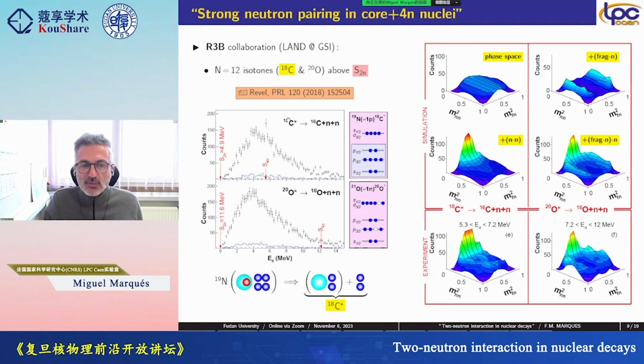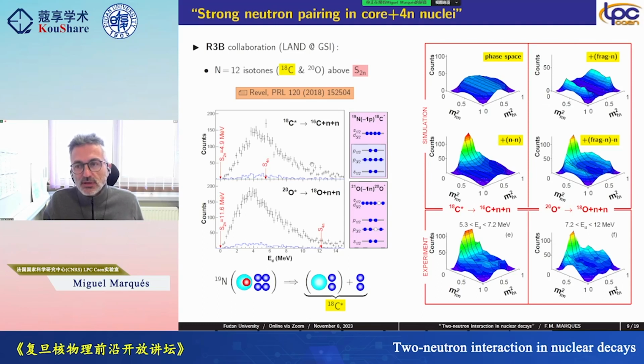And for carbon-18, the thresholds are lower because it's closer to the drip line. But again, you need 5 MeV excitation to reach here and to see 2 neutrons. And then you need 5 more, so about 10 MeV to observe 4 neutrons.